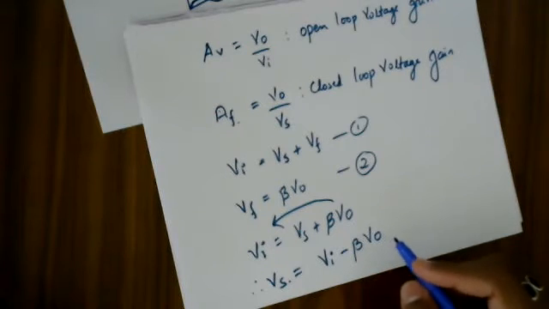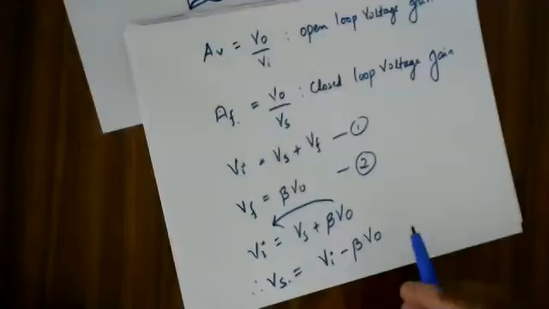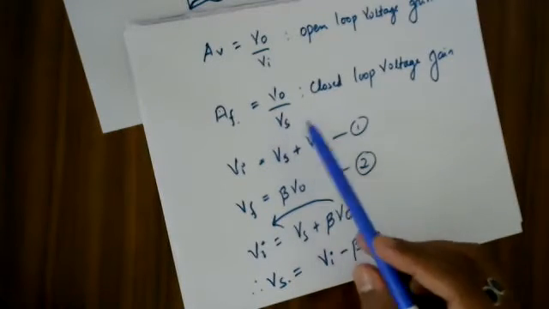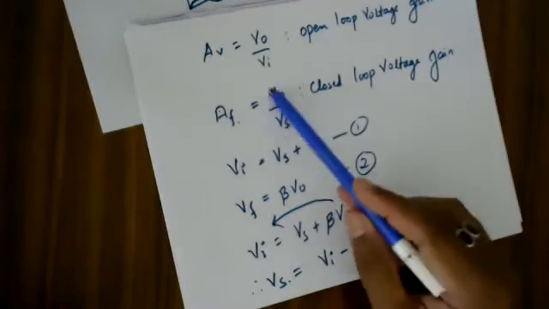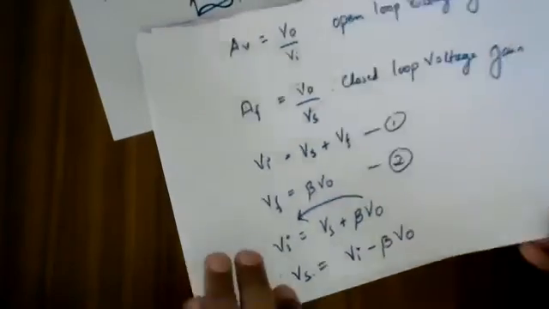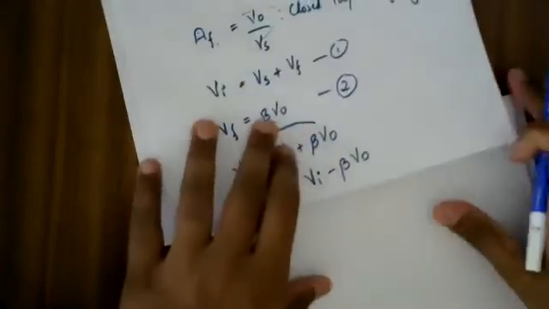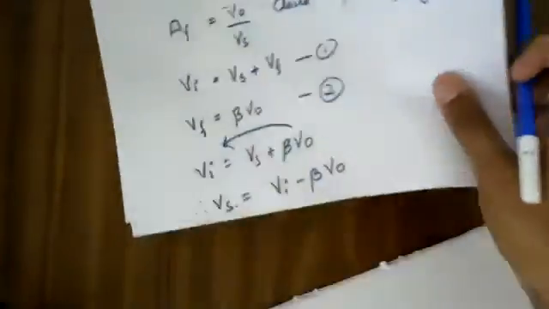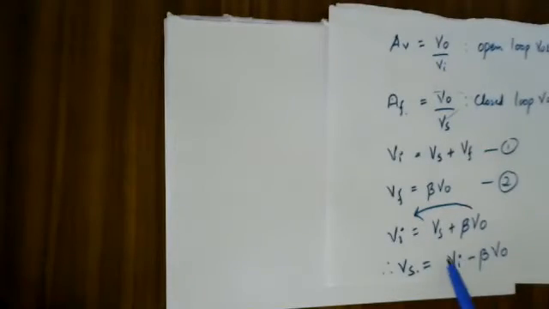Understanding? Now substituting the value of this Vs into the equation for the closed loop voltage gain. As I know the equation for Vs, I know the equation for AF.